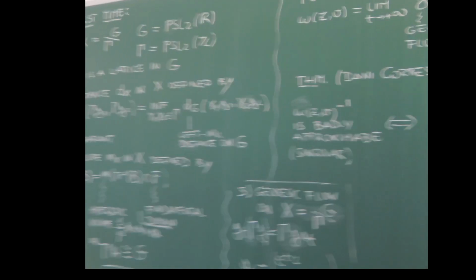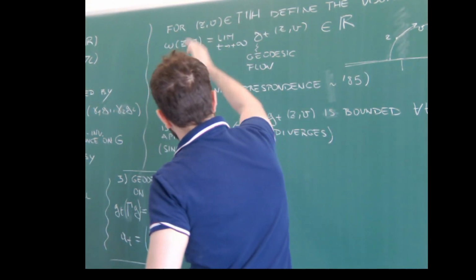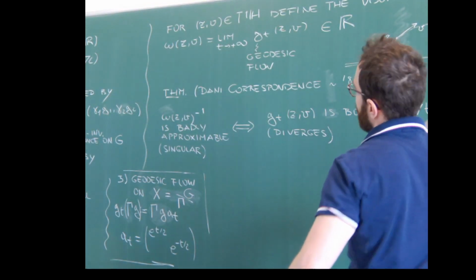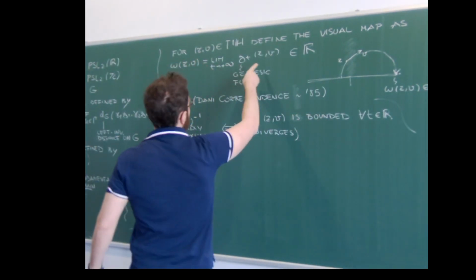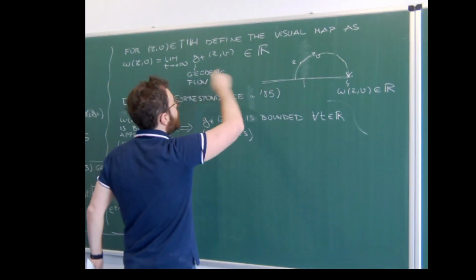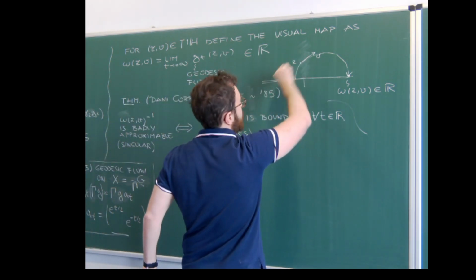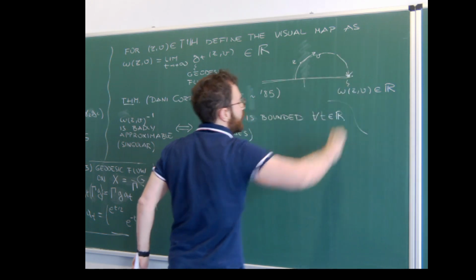I also introduced the visual map, which goes from the unit tangent bundle to the real line, so the boundary of the hyperbolic plane, and takes an element, so a point and a direction. It follows the unique geodesic exiting z in that direction, and it takes the point where it hits the real line.